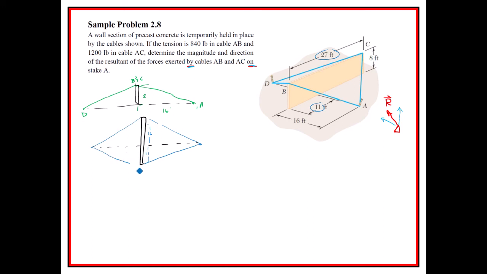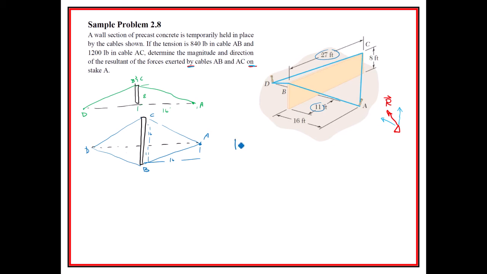Once again, we don't know what's going on the other side of the wall. We can assume maybe it's symmetric, but we don't know. That's going to be A, this is B, this is C, and this is D. I think it's helpful to understand the arrangement, and 16 is the length right in there, so I get a better sense of what's taking place.